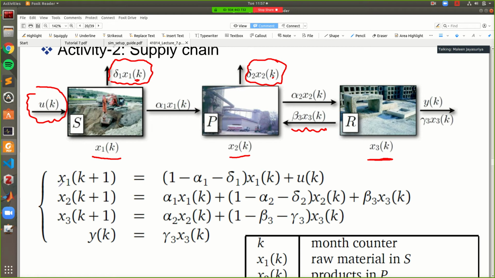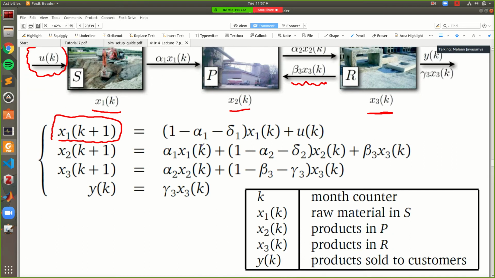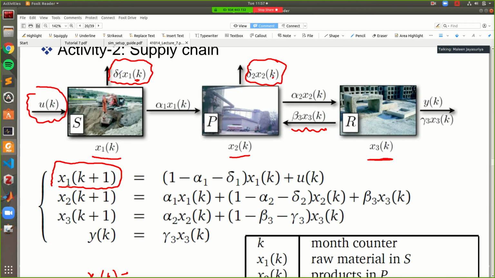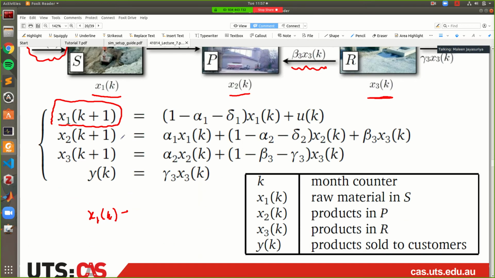Okay, so if you look at how you would formulate the state space out of this, you can see that the x1 state in the next step, that's the k plus 1th step, is essentially going to be what we initially had in our previous step, which is x1k, minus whatever byproducts we had. So that will be some sort of fraction of x1k, right?